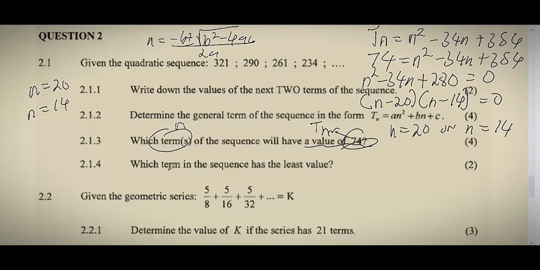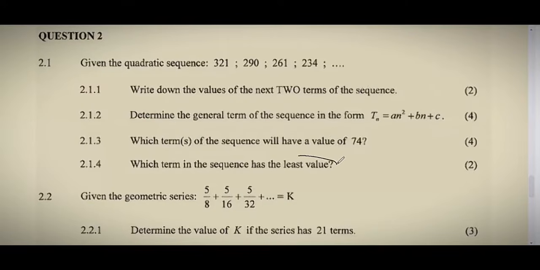So there are two values, which is why they said which term or terms, right? There are two terms whereby we produce a value of 74. So it's when n is equals to 20, or when n is equals to 14. Right. Now, let's proceed. Which term in the sequence has the least value?